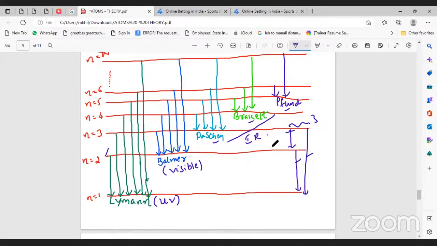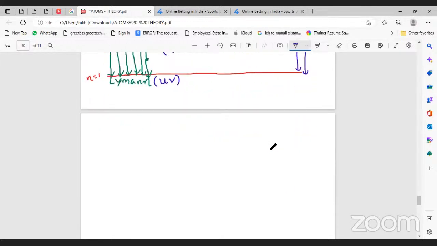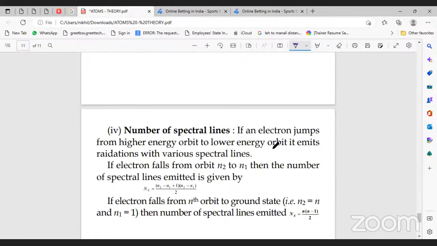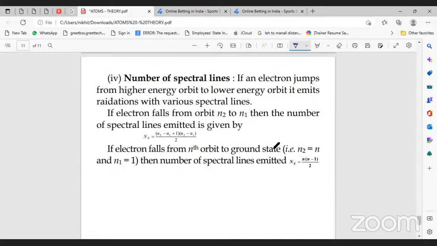So to find the number of spectral lines, if you know the orbit numbers, what is the formula you have? Remember this shortcut formula, students. To find the number of spectral lines when the electron moves from the nth orbit to the first orbit, it is n into n minus 1 by 2.